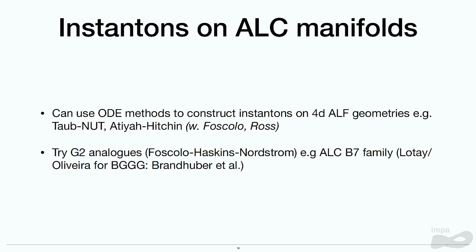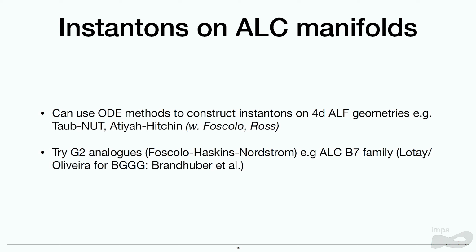This has some sort of precedent in what I'm doing with Lorenzo Foscolo and Callum Ross as part of a wider project: you can use cohomogeneity 1 ODE methods to construct examples of instantons on four-dimensional ALF geometries, for example Taub-NUT and Atiyah-Hitchin. The ones for Atiyah-Hitchin seem to be not studied. People haven't studied these yet.